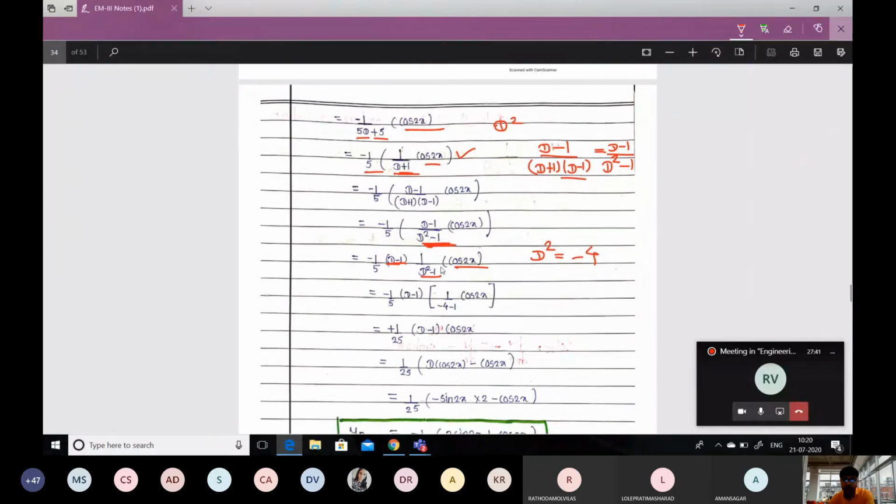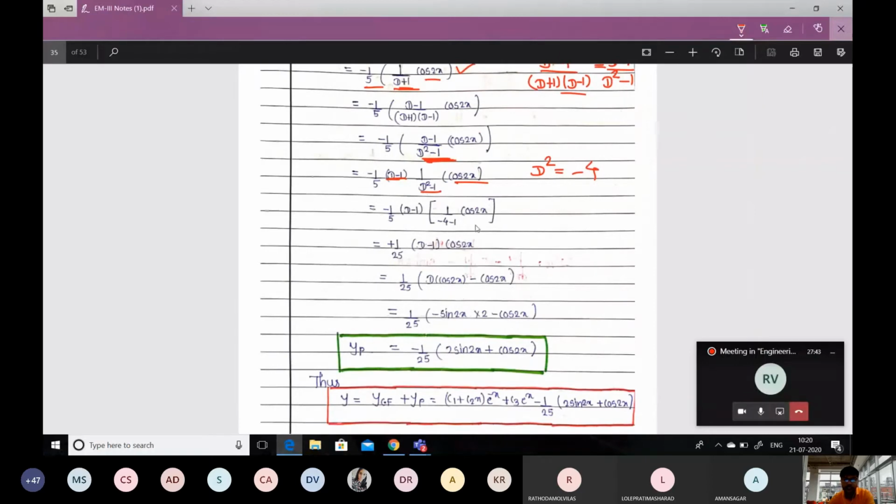Just putting D square equal to minus 4, we get this term, and this minus 1 upon 5, D minus 1 outside. Inside, minus 1 upon minus 4 minus 1, cos 2x, and minus 1 by 5 we can take outside. So minus 1 by 5 already is there, so it will become 1 upon 25, and D minus 1 as it is, and this cos 2x as it is.